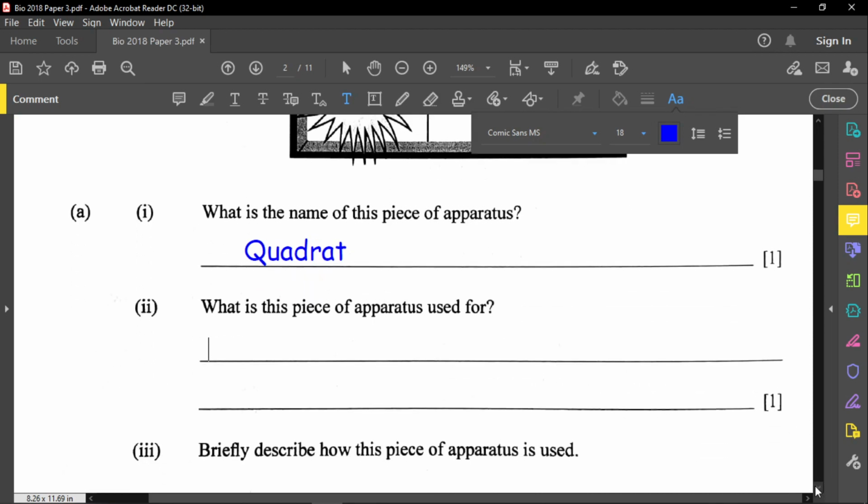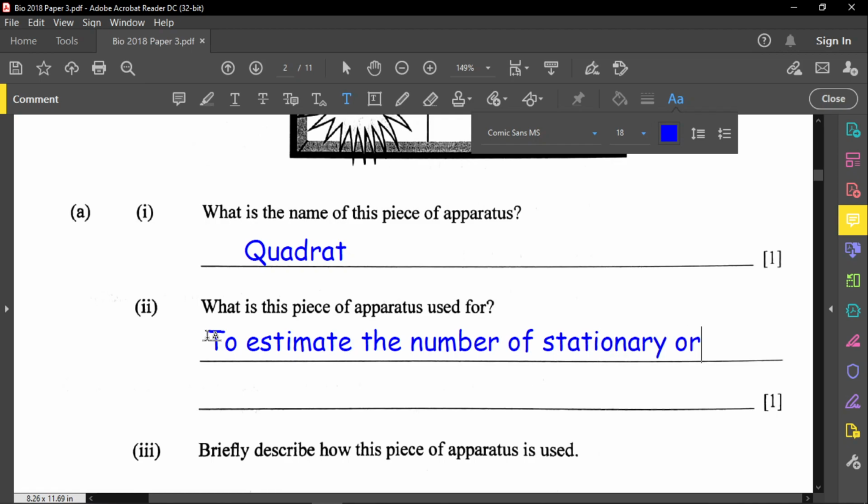So it is used to estimate the number of stationary or slow moving organisms in an area or ecosystem.